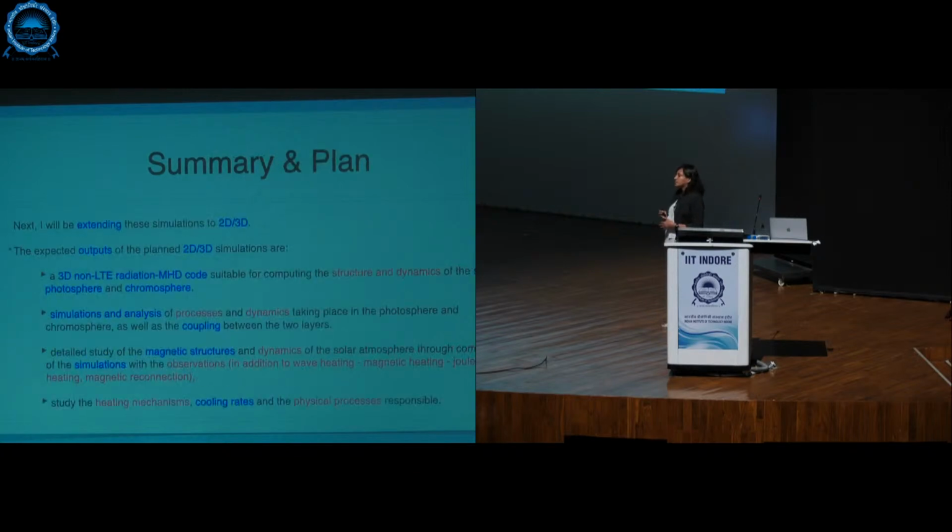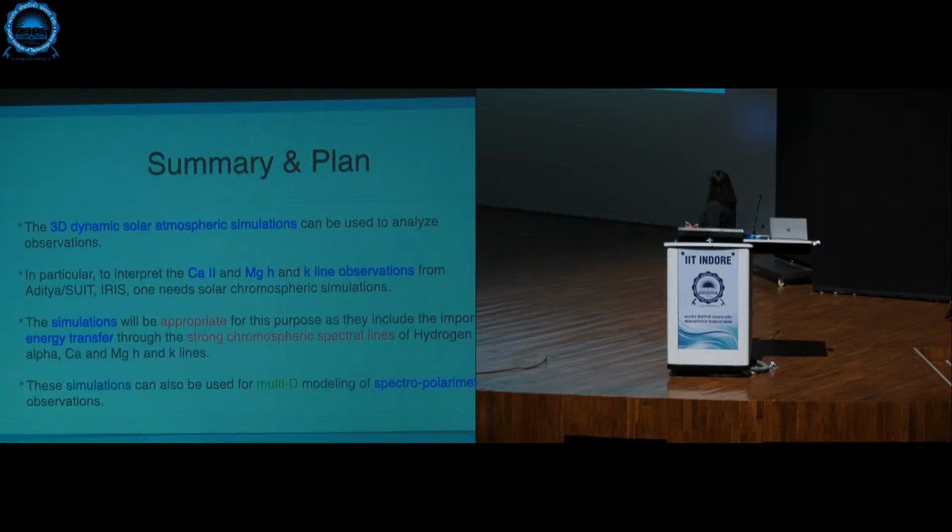The next step is to extend it to 2D and 3D, and also to make a 3D non-LTE non-equilibrium radiative transfer module together with the magnetohydrodynamic core, so that we can simulate the structures and dynamics of the solar atmosphere and understand heating and cooling processes in a more accurate form, because people have been doing a lot of approximations in deriving the heating and cooling rates.